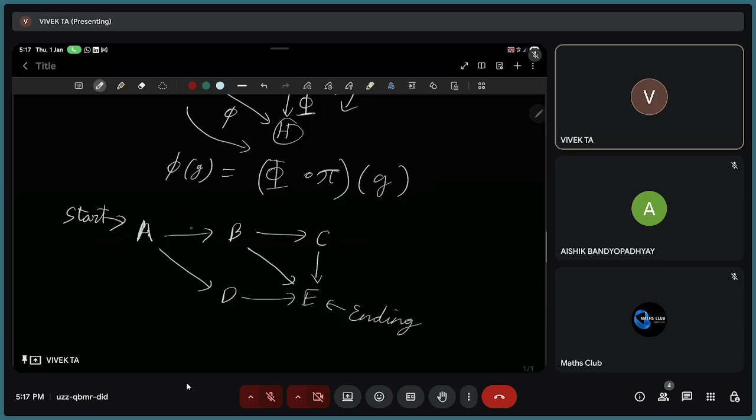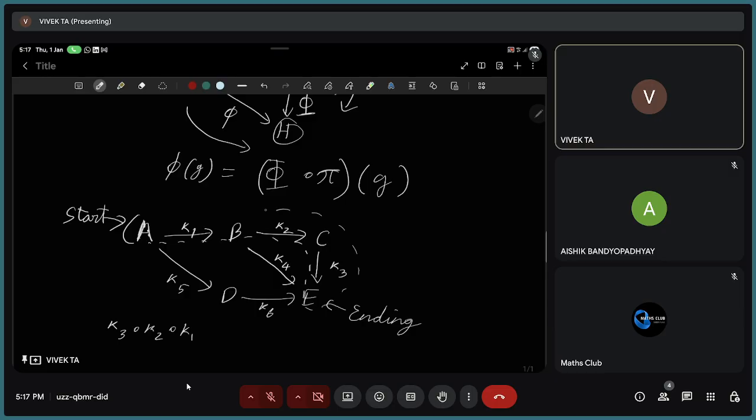As in, let's suppose this map is K1, this is K2, this is K3, K4, K5, K6. These are maps. Then K3 composed with K2 composed with K1 denotes this path. This should be equal to K4 composed with K1, which is A to B to E, this path.